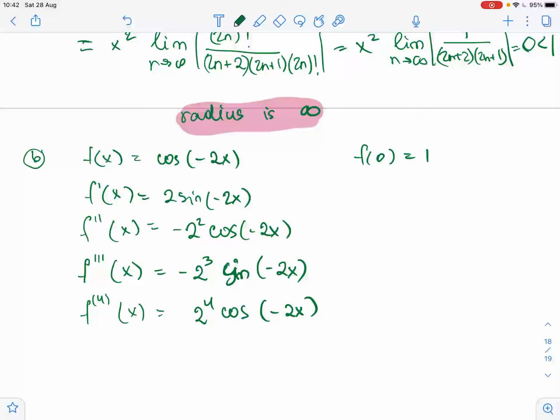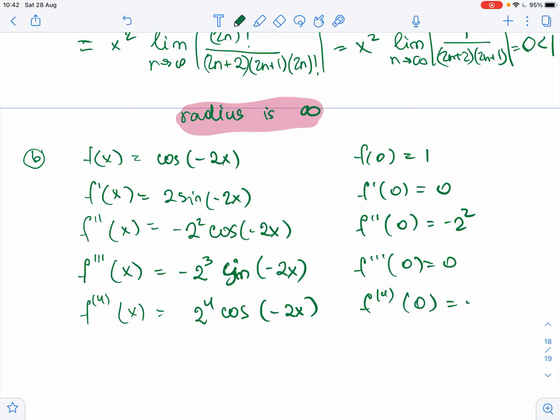So now we get that f of 0 equals 1, f prime of 0 equals 0, the second order derivative of 0 equals negative 2 squared, the third order derivative of 0 equals 0, and the fourth order derivative of 0 equals 2 to the power of 4.